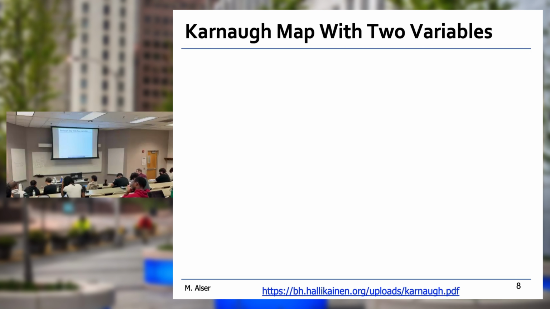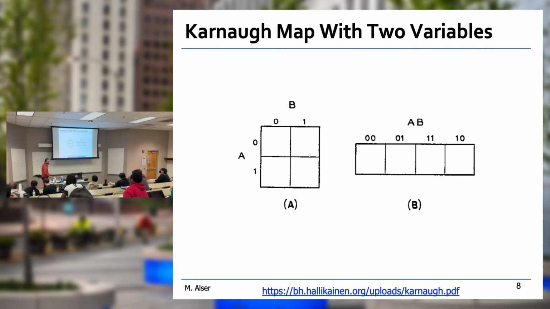Okay? Let's see it together. So whenever we have 2 variables, then we have these options to draw Karnaugh map. Okay? Now let's go with more.